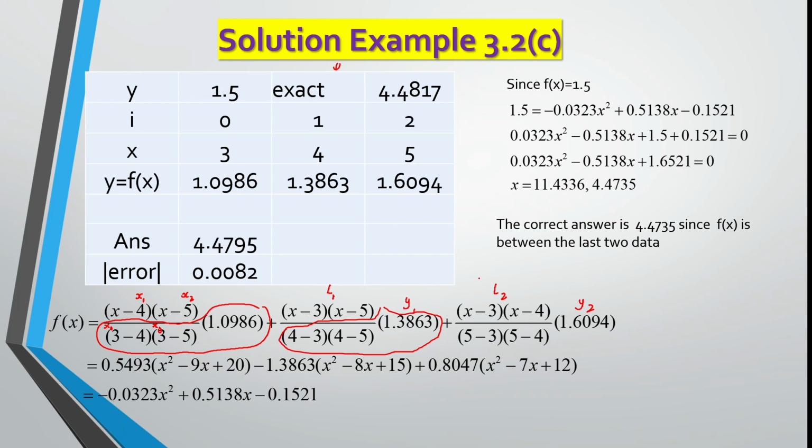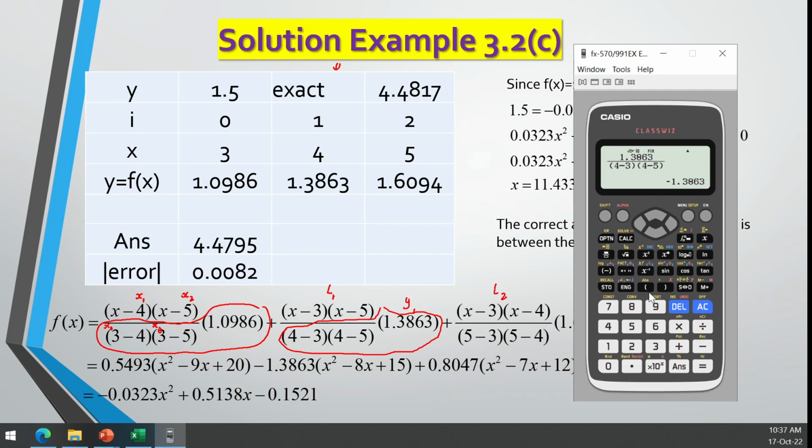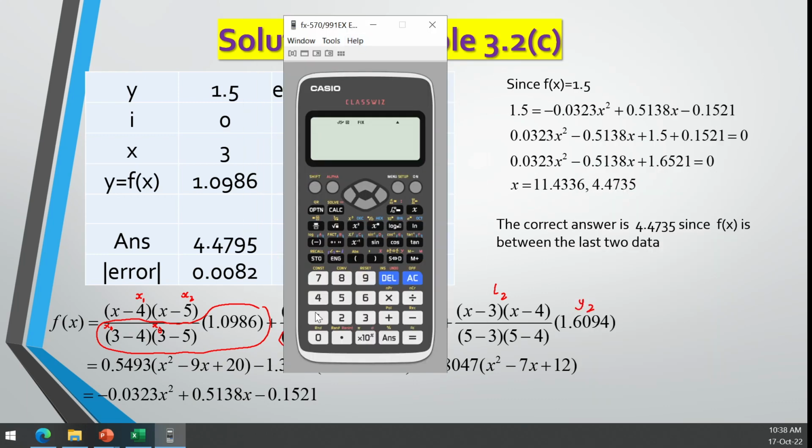Lastly, you calculate 1.6094 divided by (5 minus 3) and divided by (5 minus 4). I clear it. The last value, you have 1.6094 divided by 5 minus 3, which is 2, and 5 minus 4 is 1.